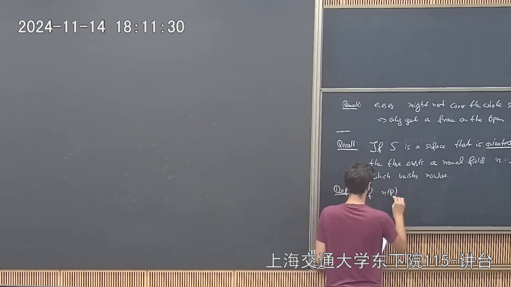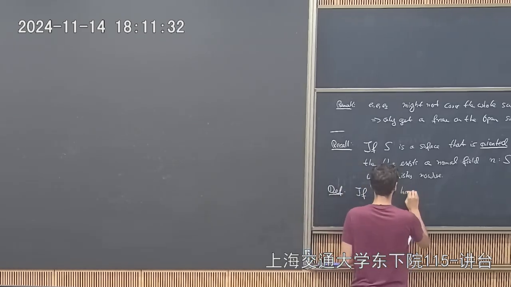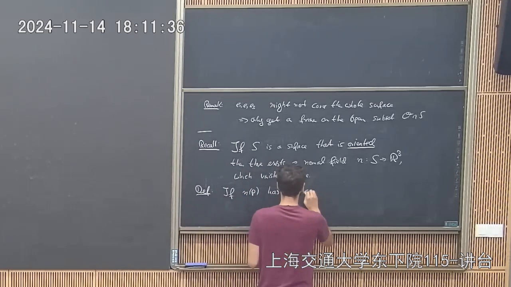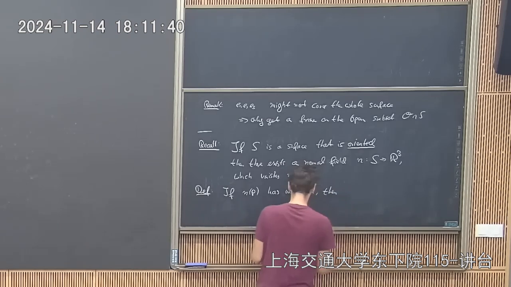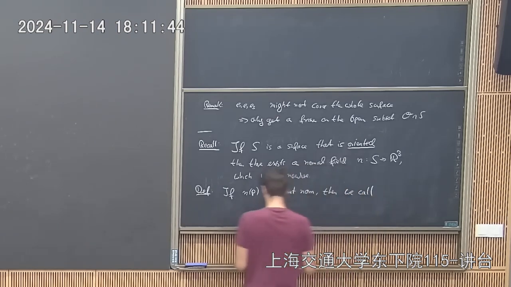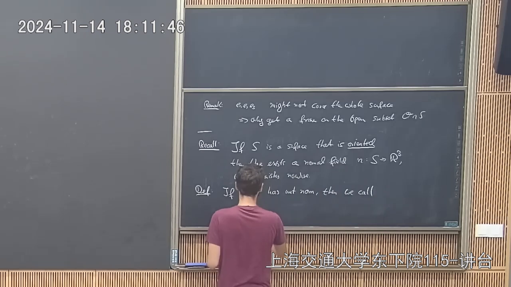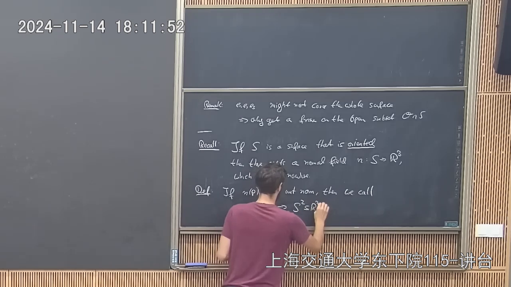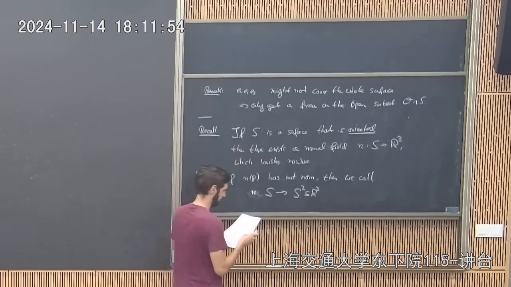N of P is unit norm, a map from the surface to the sphere, the Gauss map.